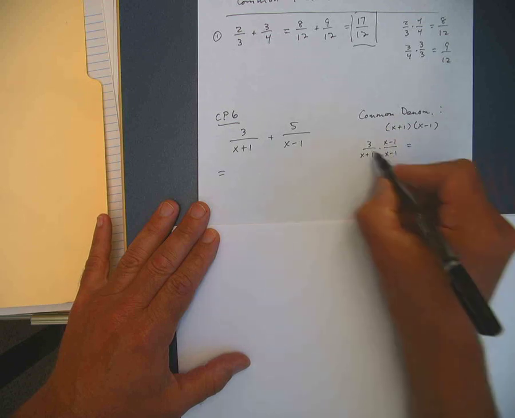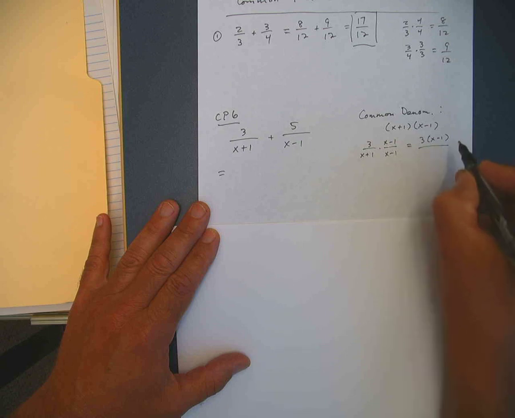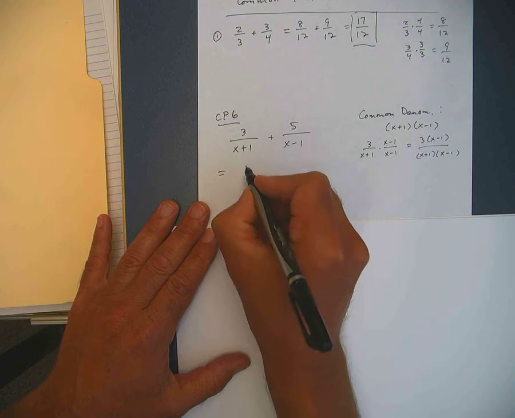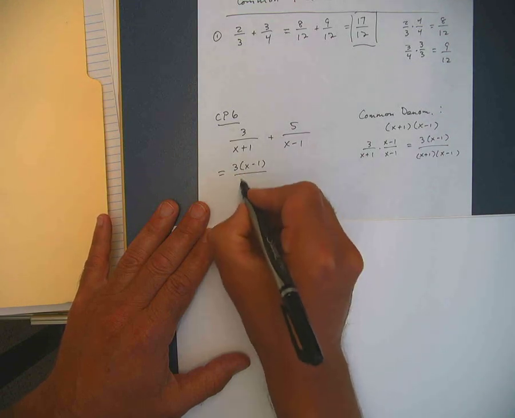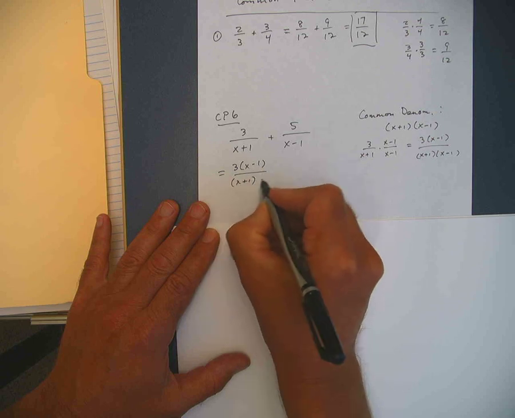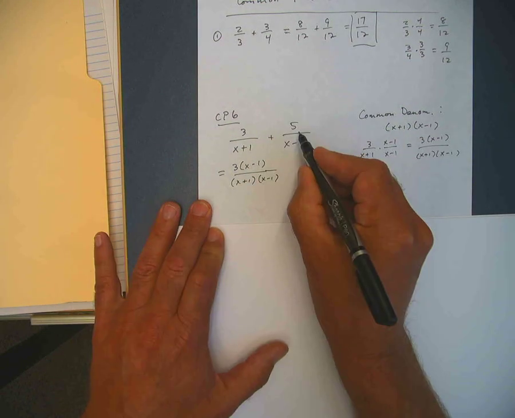So what we end up with is 3 times x minus 1 over x plus 1 times x minus 1. All right, so I'll rewrite that fraction like that.